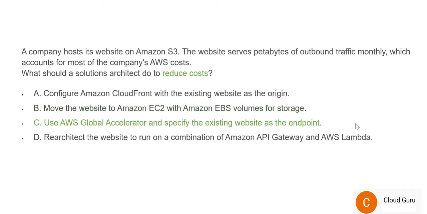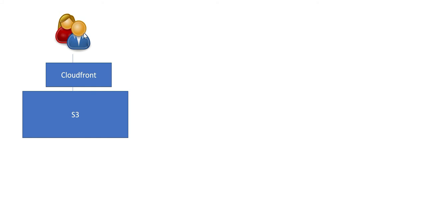Now let's look at this one. It says use Global Accelerator and specify the existing website as an endpoint. So what is Global Accelerator? See, what happens is when users try to access the content on S3, this is the website on S3, the routing will happen through the internet.